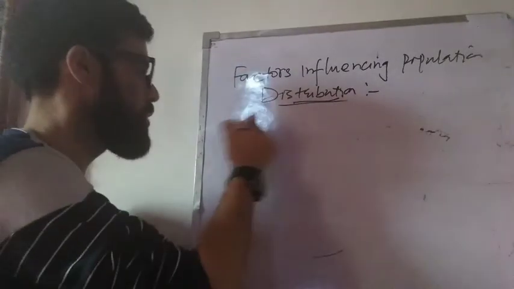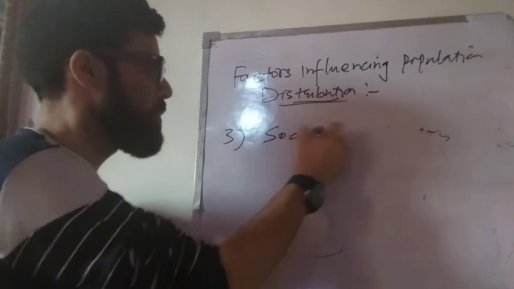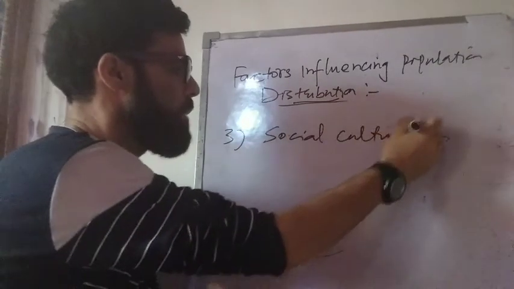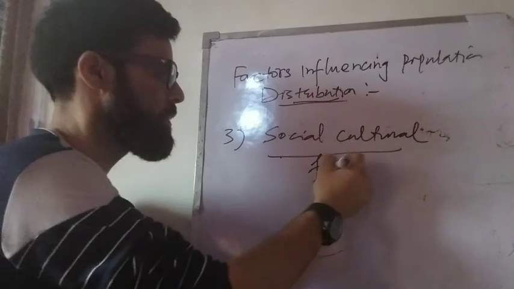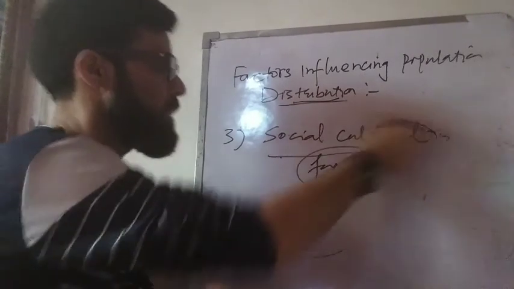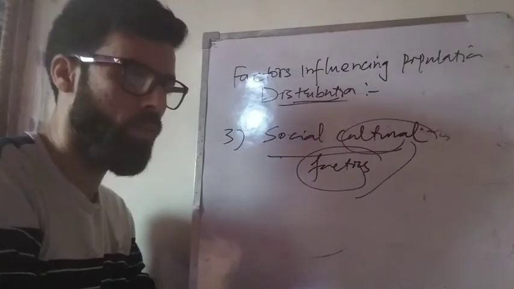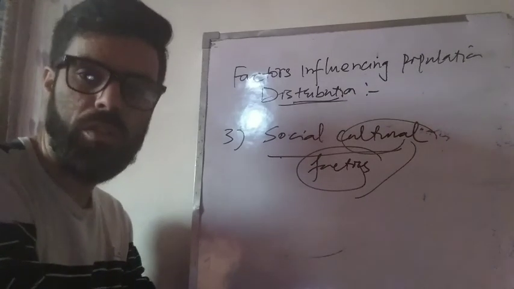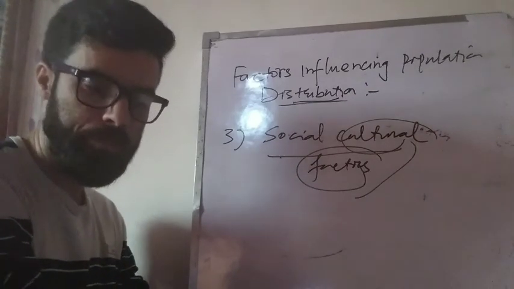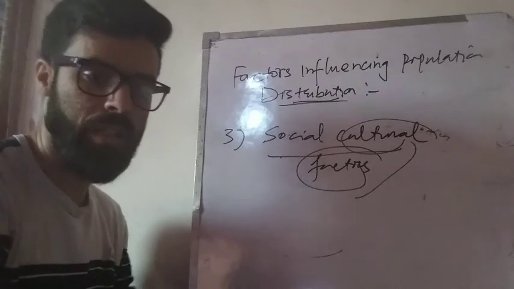Apart from that, we have social and cultural factors. Social and cultural factors also play important role so far as population distribution is concerned. Plus, you can see religious factors. The area where you see your culture, जैसे we are living in the valley, our culture is somewhat different.